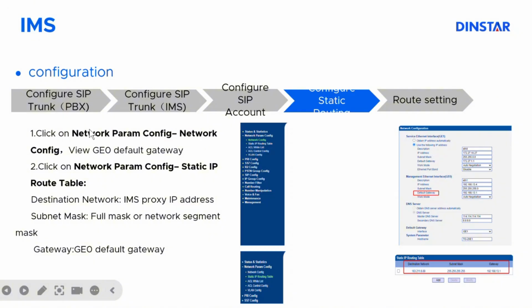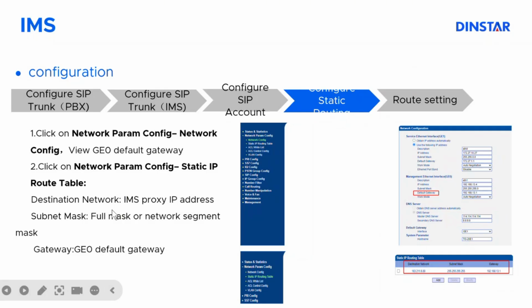That's because the IMS proxy IP and the G0 IP are not in the same subnet, so you must configure a static route. And these are the details of the configuration. First, you need to fill in the destination network, like the IMS proxy IP address.